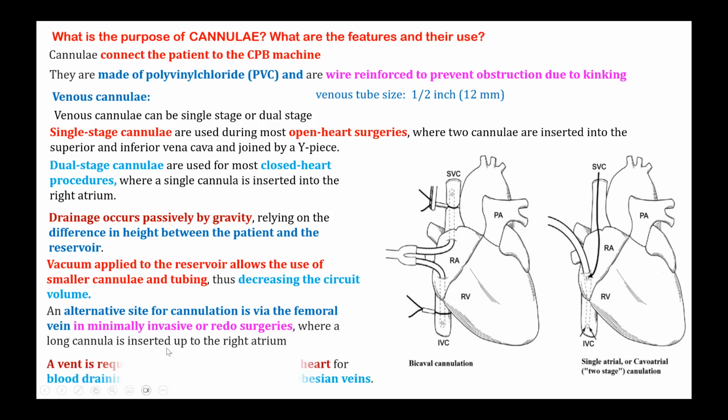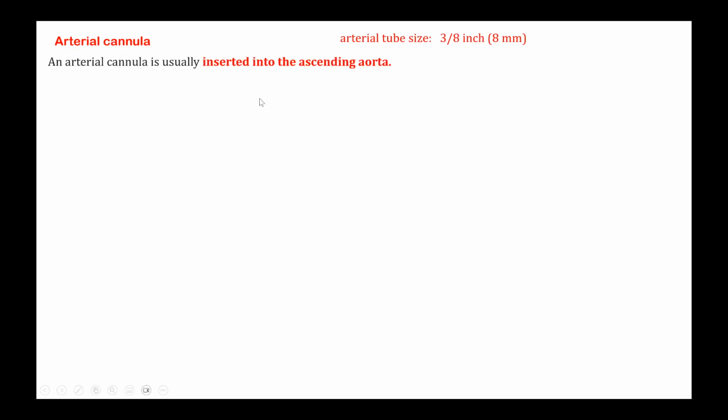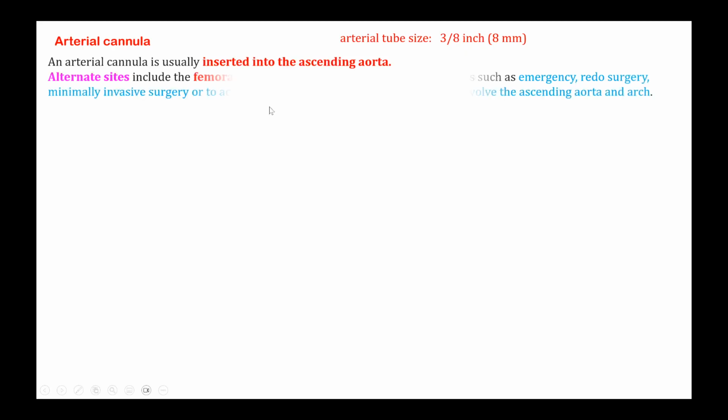So a vent is required to drain the left side of the heart for blood draining through bronchial and Thebesian veins. So this is an additional drainage that is required. Coming to the arterial cannula, it is about 8 mm in size and it is inserted into the ascending aorta.